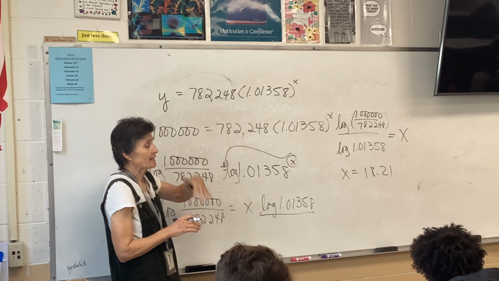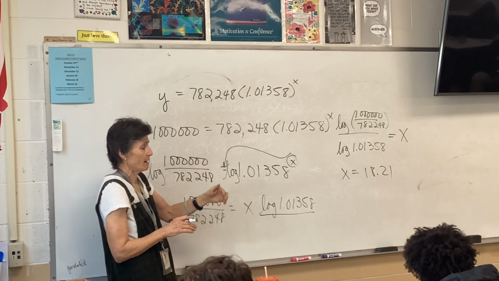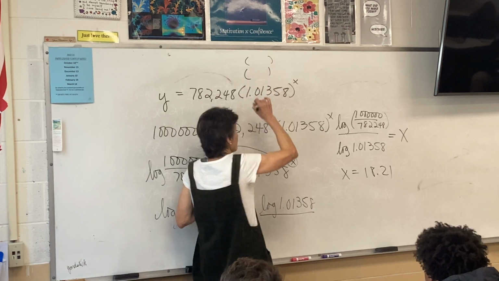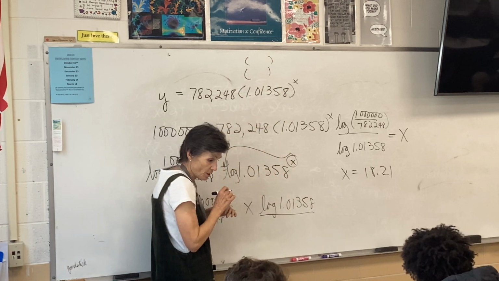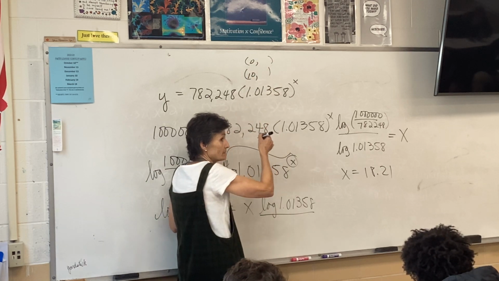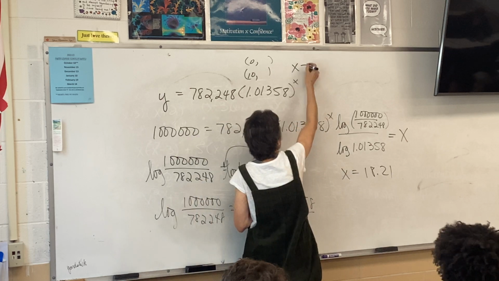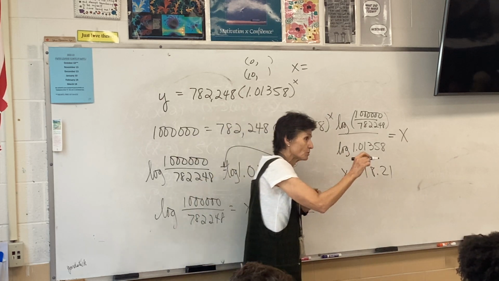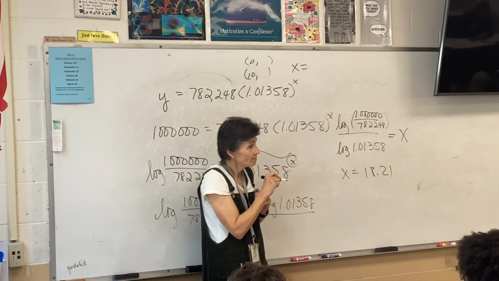Remember in the beginning when we set our problem up, look at your notes. The ordered pairs I used were 0, comma, and 10, comma, right? Because I defined X as the number of years after 1990.